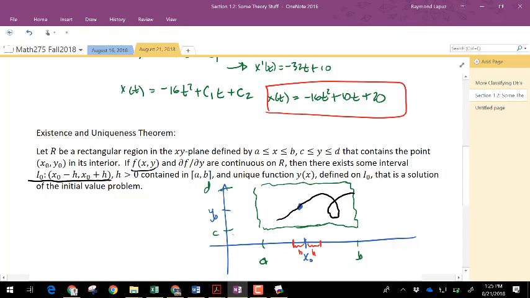So now I'm only restricting my curve to that, and this is the y of x that they're talking about, that now is an explicit function, a function that we can define as a solution to this differential equation.